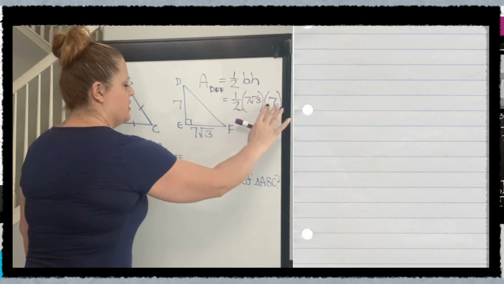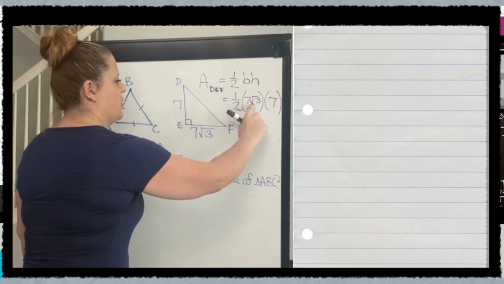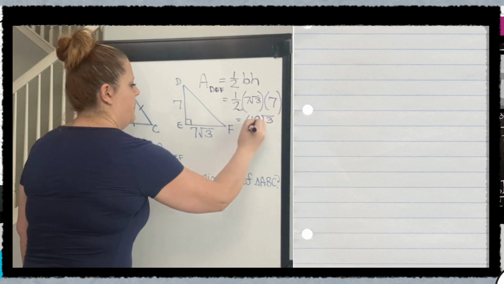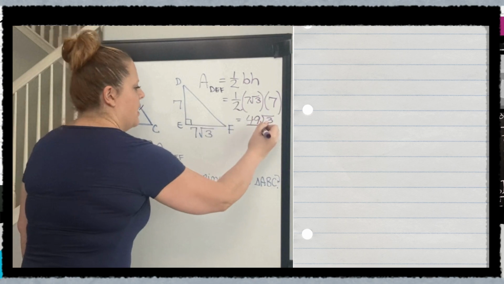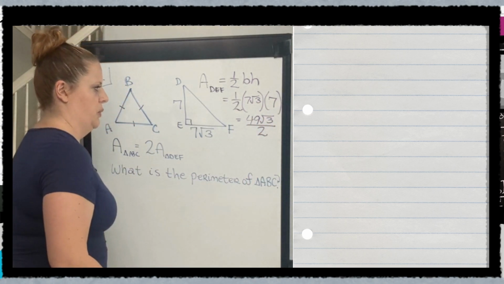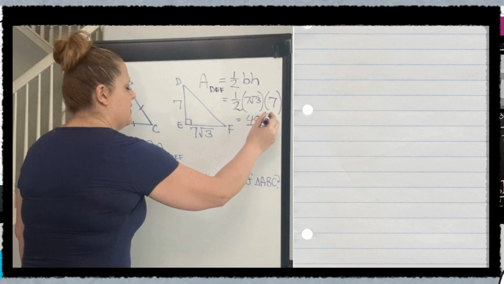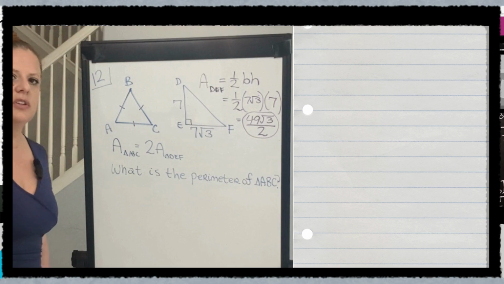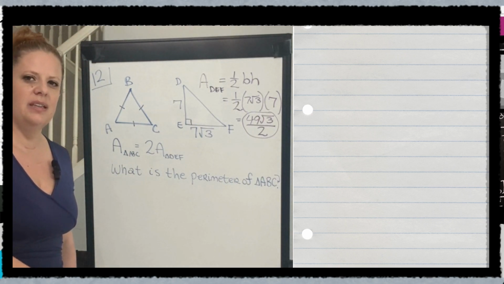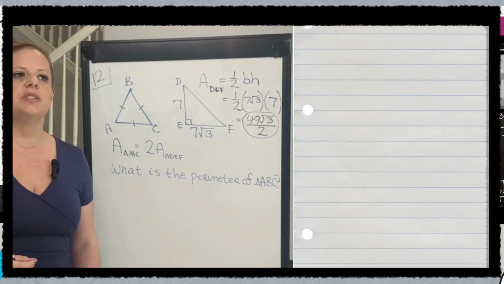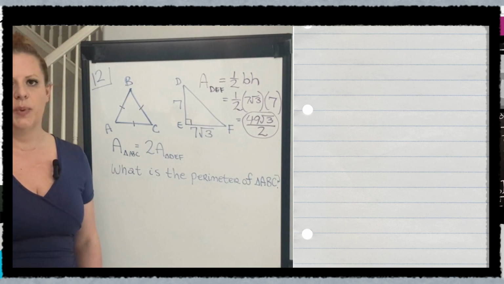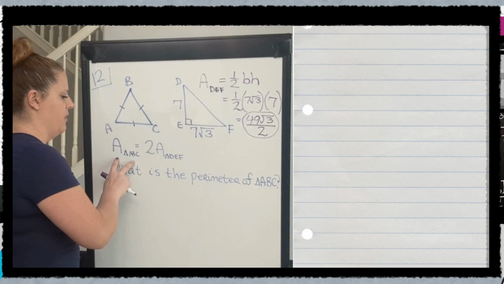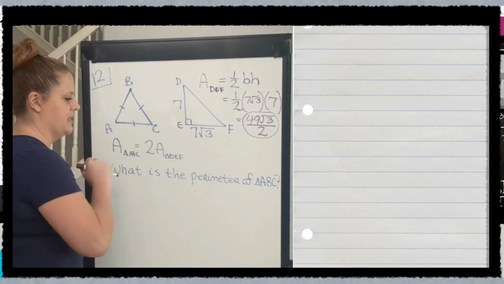So we multiply straight across. 1 times 7 square root of 3 times 7 is 49 square root of 3 divided by, the only thing in our denominator is the 2. So we're just going to leave it like that for the time being. I know it looks a little messy, but if we put that in a calculator and get a decimal, it's not going to be as exact as leaving it this way. So we know that the area of ABC is twice that.